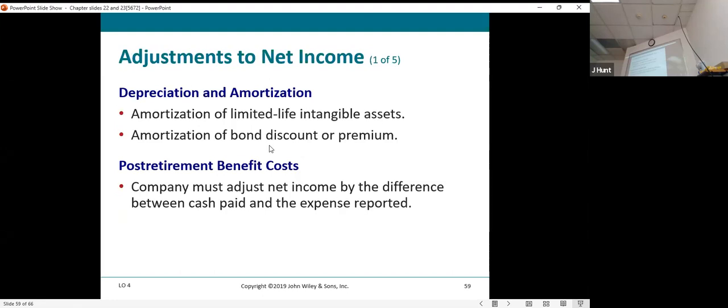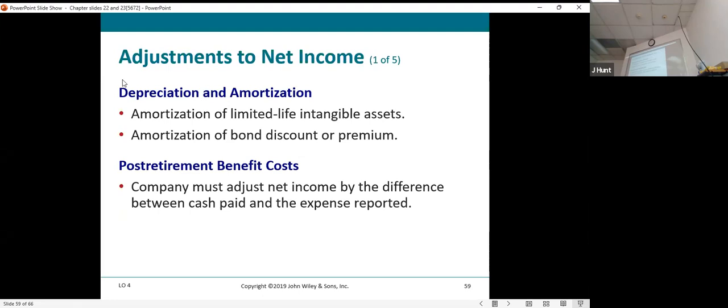So this is talking about, like I said, items to adjust to net income. In that list that you saw on that one table, all these would be listed as well, right? Depreciation, amortization, which are non-cash. We spend that money up front to buy the asset, and we're just allocating the cost over a period.